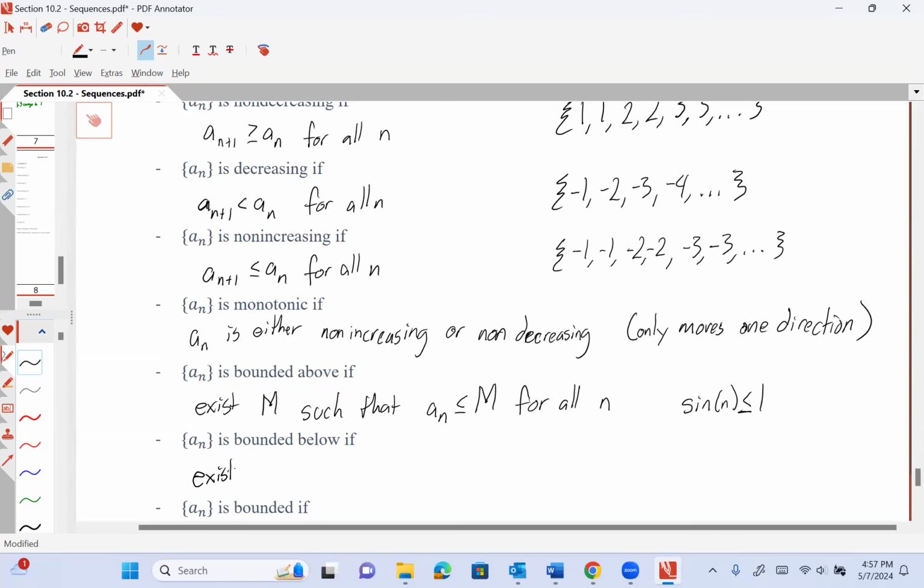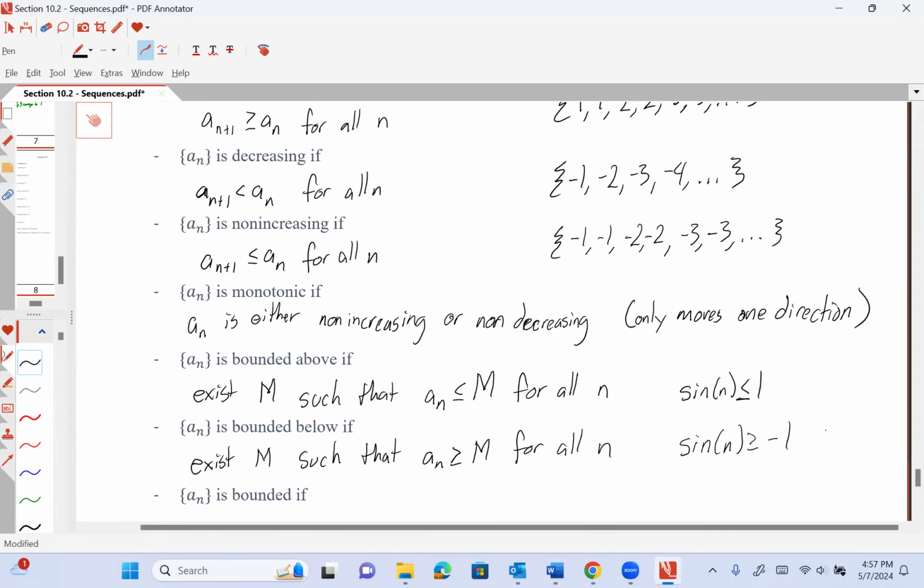Bounded below means there exists an m such that a sub n is greater than or equal to that value m for all n. Using sine again, sine is always bigger than or equal to -1. So sine is bounded below by -1.